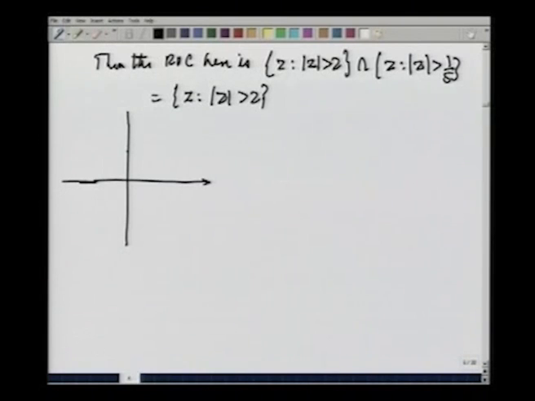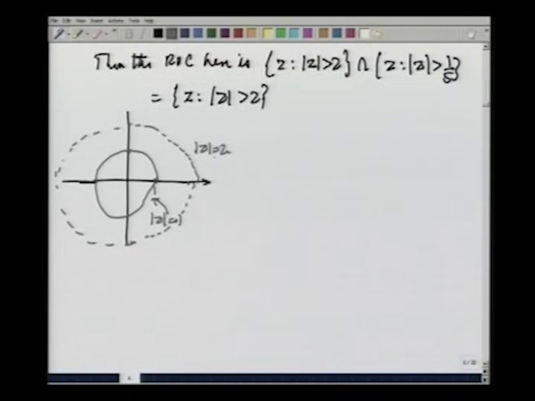The unit circle, mod z equal to 1, this is 1 and this is 2. So you have mod z equal to 2.